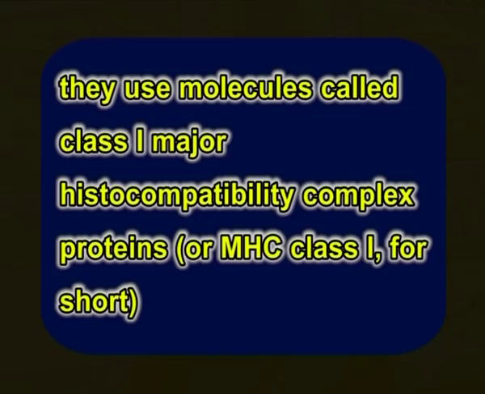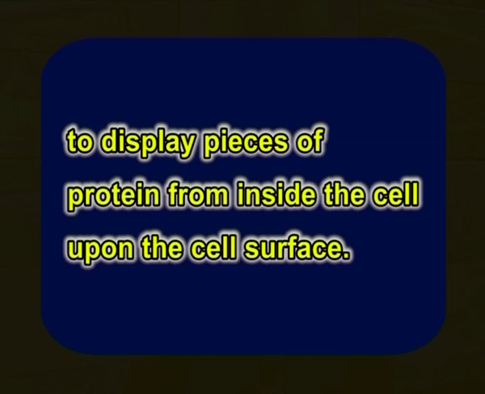To overcome this, cells employ a system that allows them to show other cells what is inside them. They use molecules called class 1 major histocompatibility complex proteins, also called MHC class 1 for short, to display pieces of the protein from inside the cell upon the cell surface.